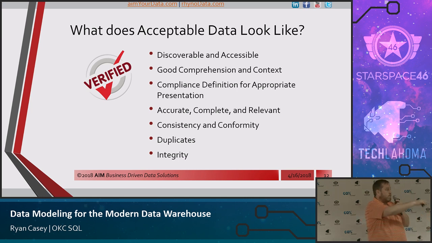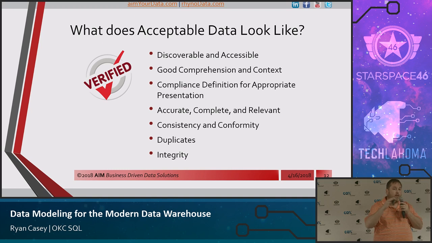So one system's not showing one value and another system's showing another value, right? All your ratios match from system to system. The data and the systems that we build are accurate, modeled to be complete and relevant. The data is consistent and has conformity. And we don't have duplicates, or we're also doing things like referential integrity.